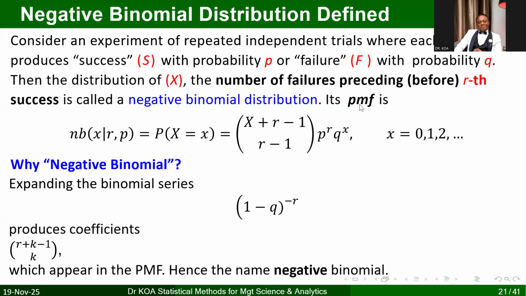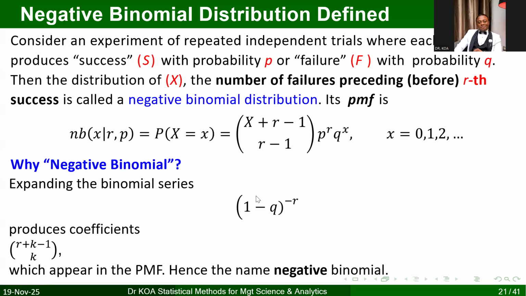So the probability mass function is given by probability of X equals x plus r minus 1 choose r minus 1, times p raised to the power r, q raised to the power x. The question some people ask is, why the word negative binomial? Because what you're doing is expanding the binomial series, 1 minus q.